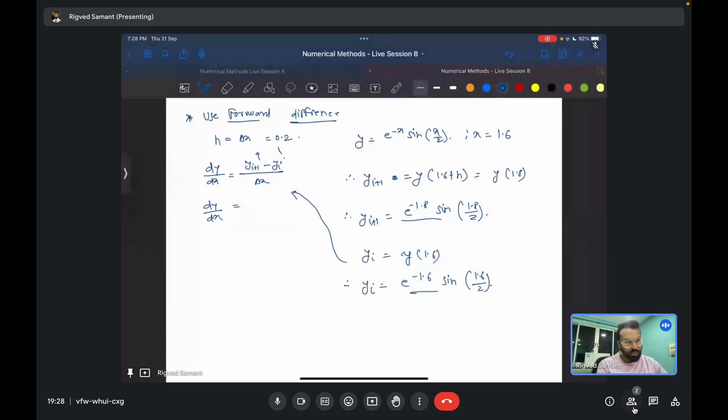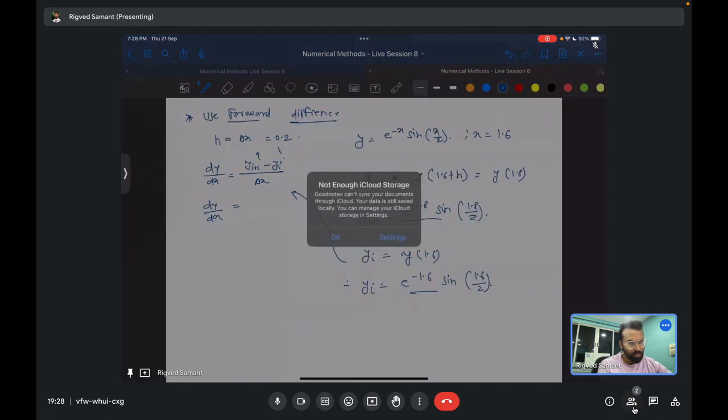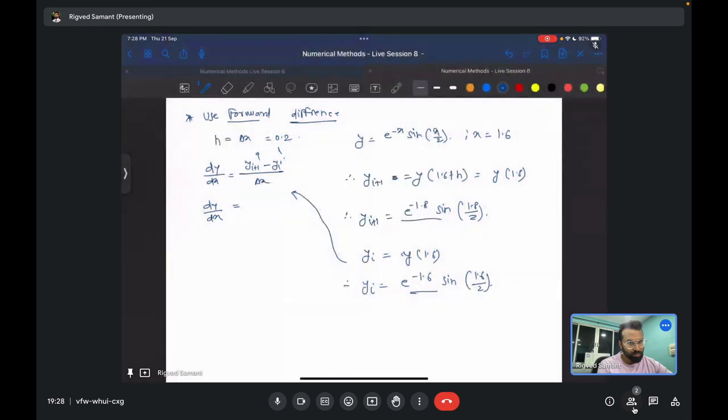So if you substitute the values, you have to substitute this one minus this one divided by 0.2.